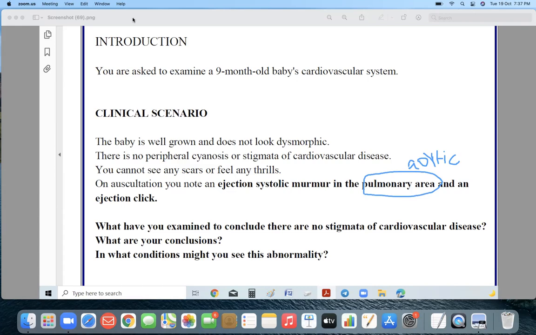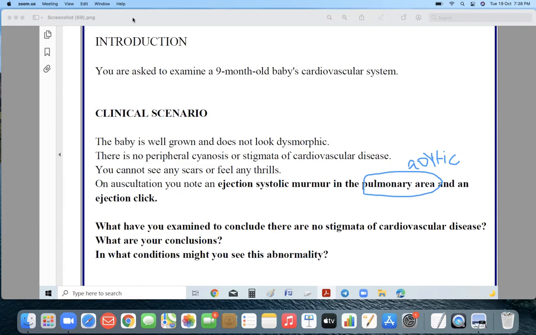Then you will check the apex. If you are thinking this is aortic stenosis, always ask about the character of the apex: is it forceful or not?